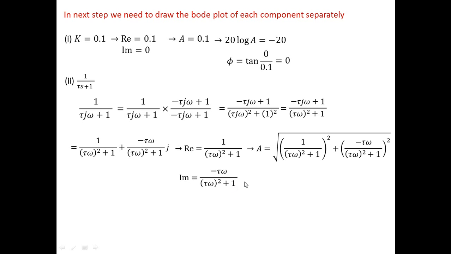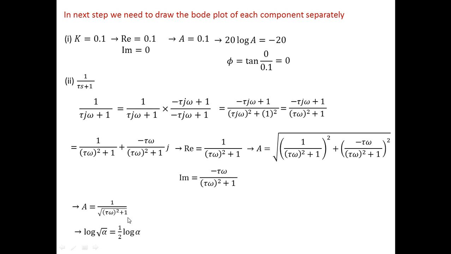To calculate the amplitude, A will be equal to the square root of the real part squared plus the imaginary part squared. After doing some math, I will find out that A will be equal to 1 over the square root of tau squared omega squared plus 1.